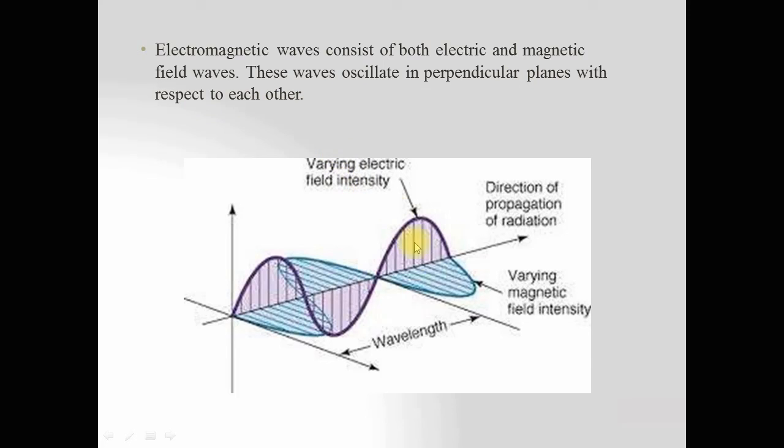So dear students, note that in this figure we have the varying electric field intensity and the varying magnetic field intensity, and these are the wavelength and direction of propagation of radiation. So you see here this line intersects the varying electric field intensity at a 90 degree angle. So this is the orthogonal trajectory.